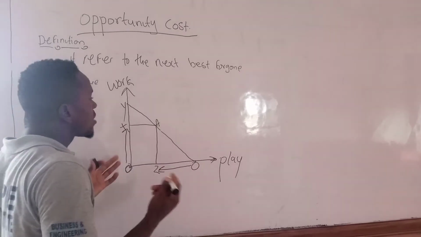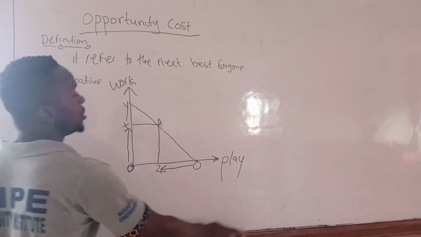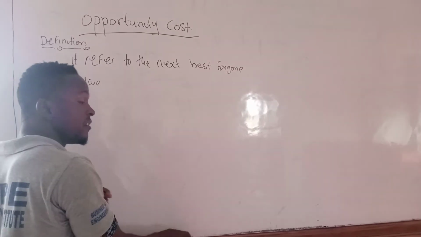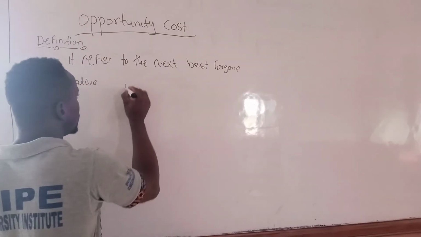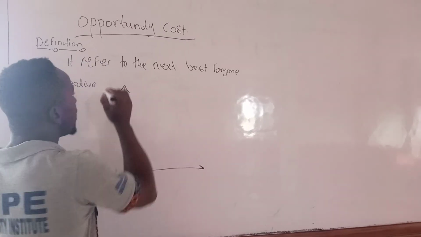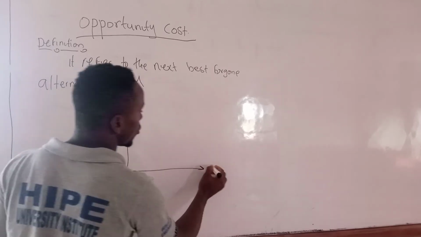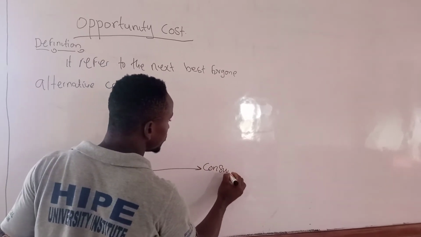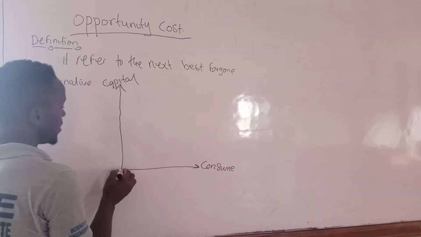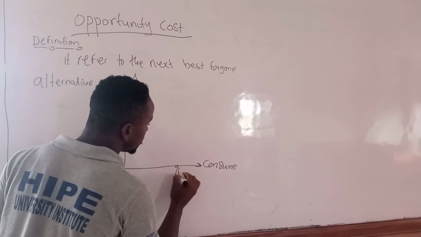Now, how can the concept of opportunity cost be explained in the concave PPC? Let's say a country produces capital and consumer goods. Now, these are 0. Let's put here 100, and here we put 90.